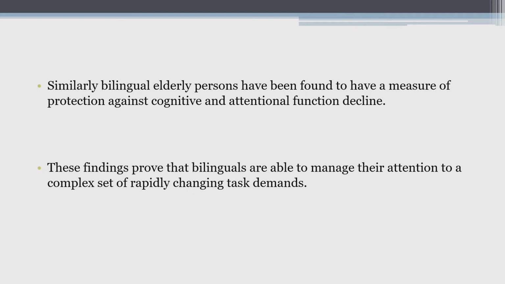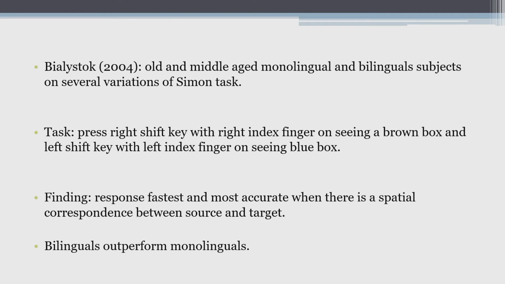So, these findings suggest that bilinguals are able to manage their attention to a complex set of rapidly changing task demands better than their monolingual peers. One particular study we will mention here is by Bialystok, from 2004. She had taken both old and middle aged monolingual and bilingual subjects on several variations of the Simon task.